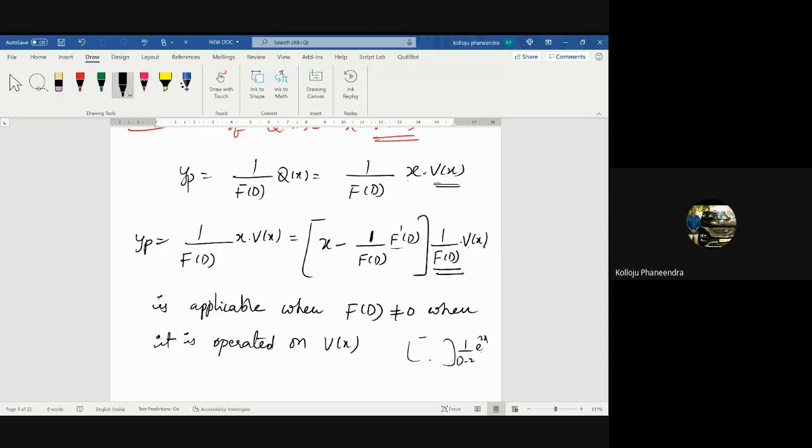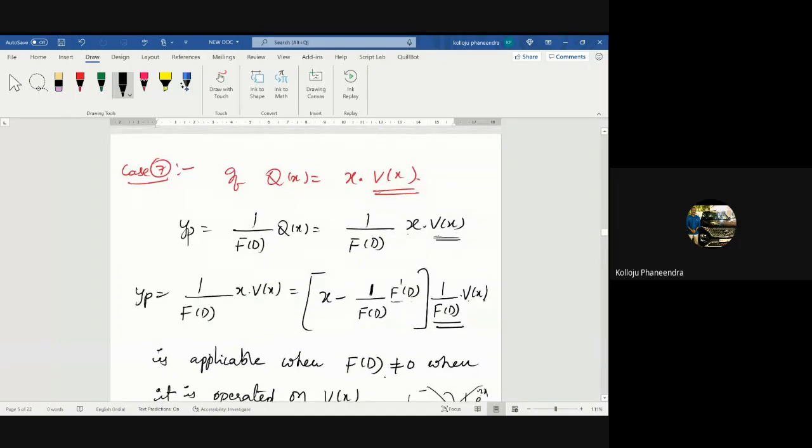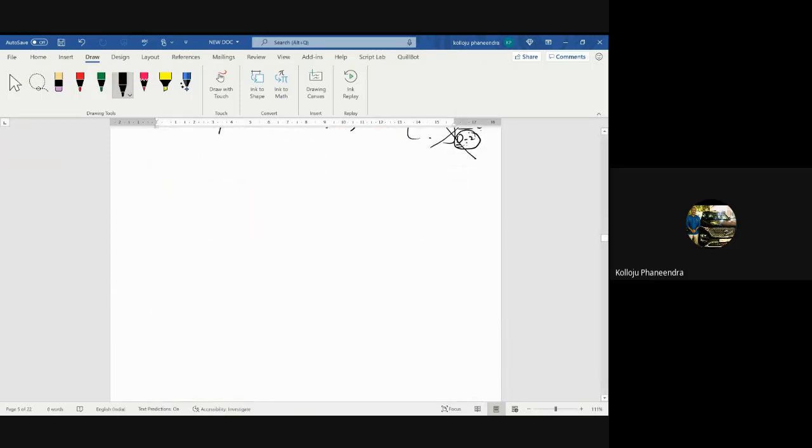What is the method? Replace d by a. d by 2 means this part is 0. When this is 0, this formula collapses. Not applicable. If it is not 0, then you can apply. I will explain every case using one example. Okay. These are the complete methods. Any doubts? If you have still any doubts, those are cleared in solving the examples.